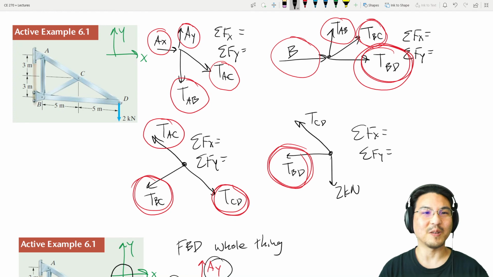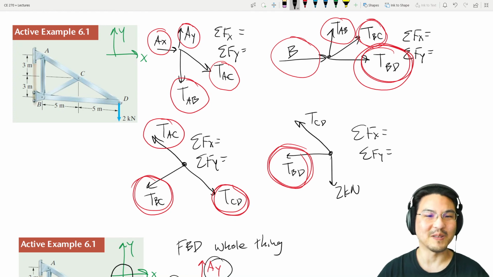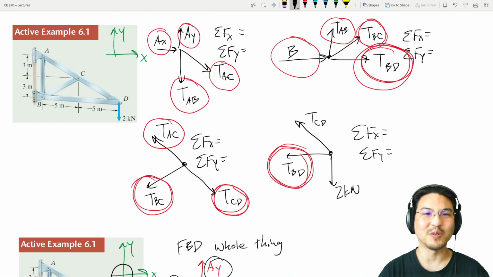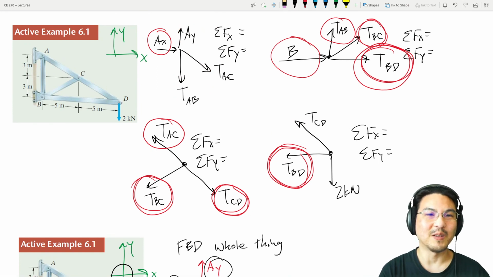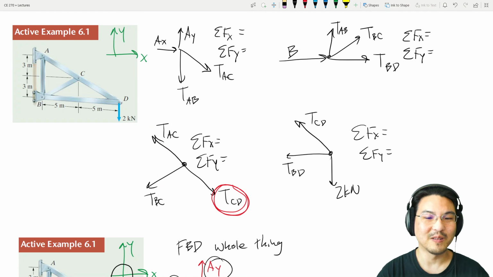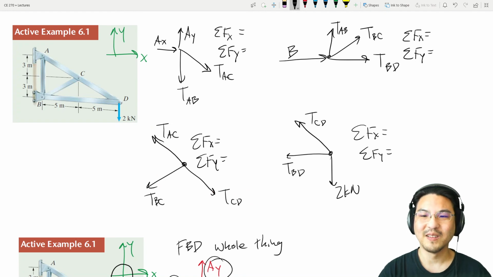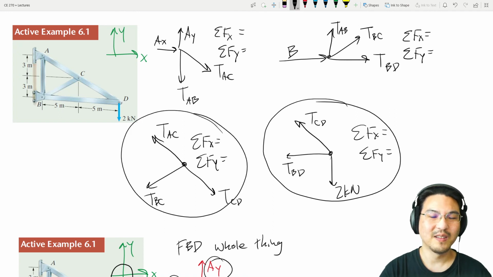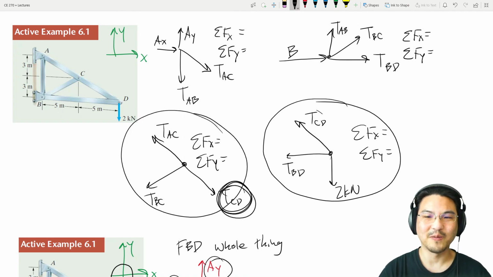Okay, so that's the alternative starting point. So one way is just go joint to joint, write all the equations, and then you don't need to do the whole find the reactions at the supports. You can just go joint to joint because this has 2 unknowns, so solve those 2 first, and then go here, because you would know this answer from right here.